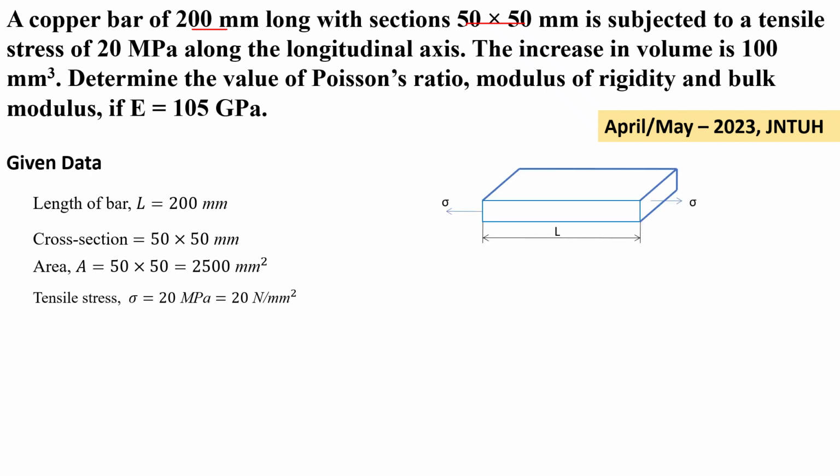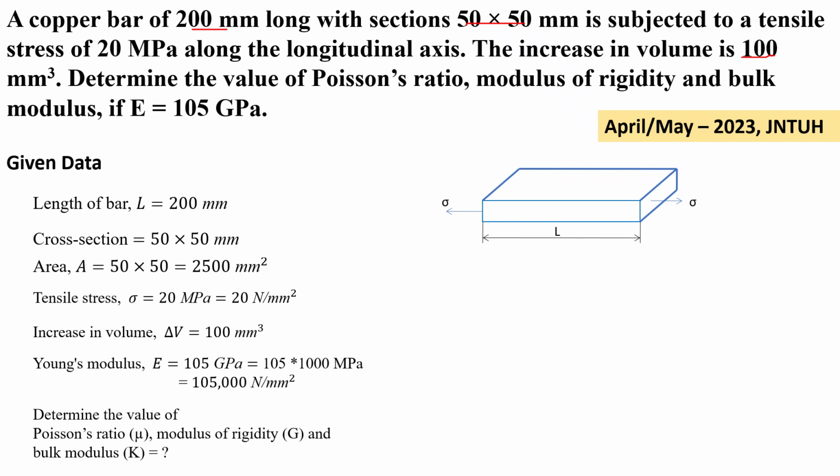So this is the problem. A copper bar of length 200 mm is subjected to the tensile stress sigma, which is 20 Newton per mm square, and moreover the increase in volume is given as 100 mm cube. So let's consider the increase in volume, delta V, equal to 100 mm cube.